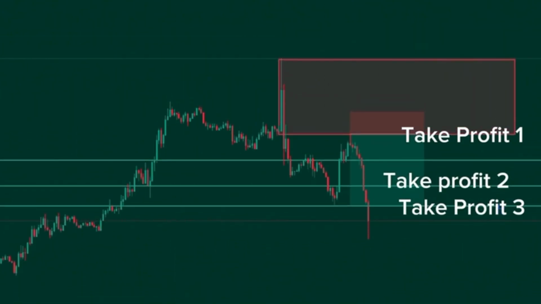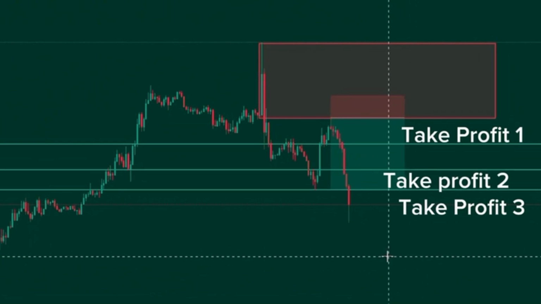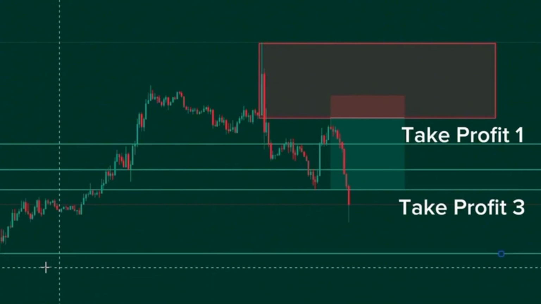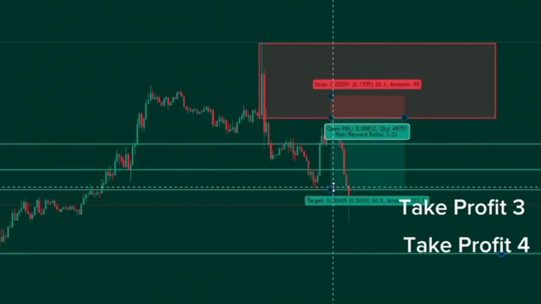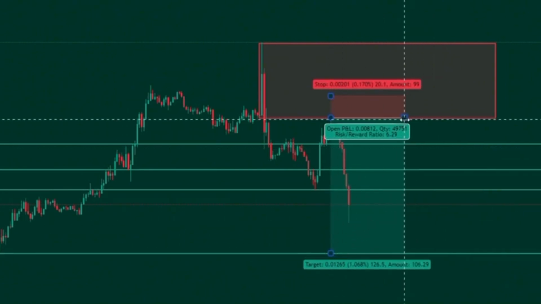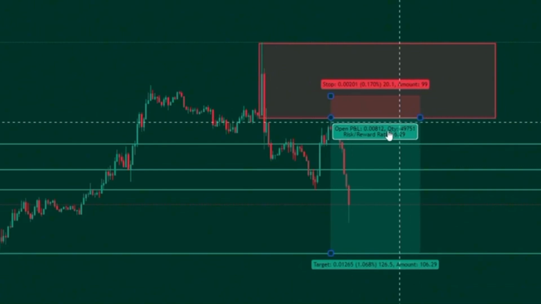So if we look, potentially we're getting back into this area here. So we could say this is our longer take profit level that we want to get back into. All right. And this would be our bad boy 1 to 6, our multiples. Yeah.